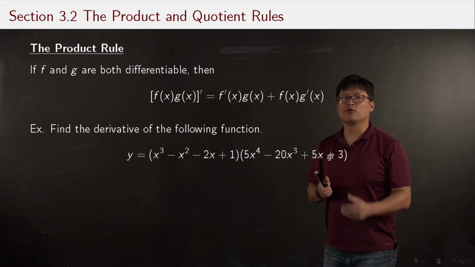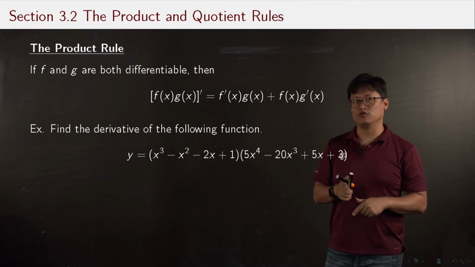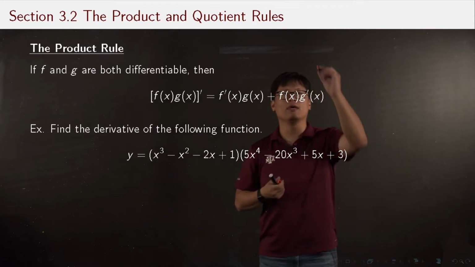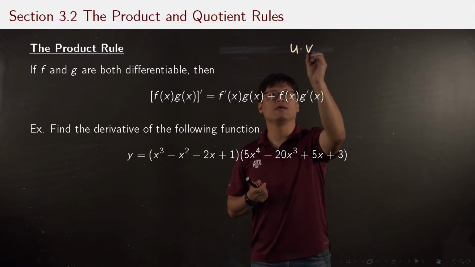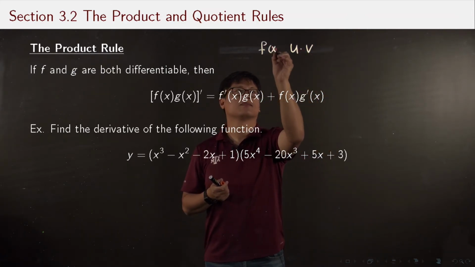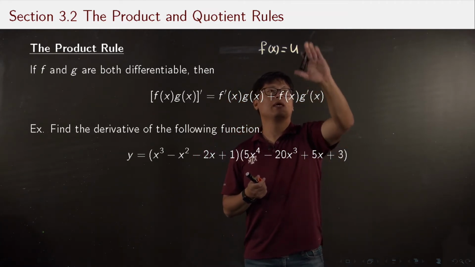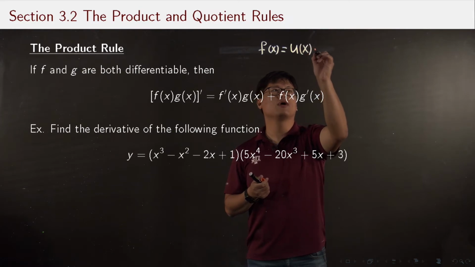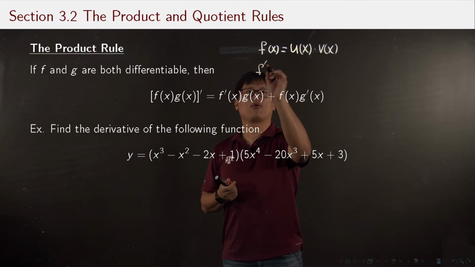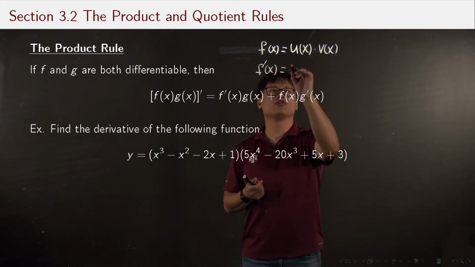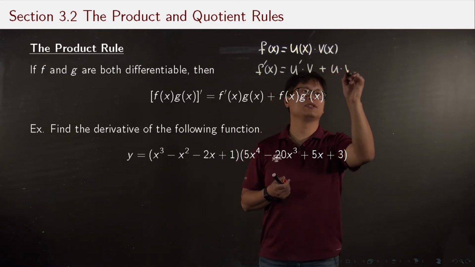During class, I'm going to use u and v instead of f and g. If your function is u times v, the product form, let me write that as a function form. First function u times second function v. Then f prime of x is equal to first one prime times second function plus first one times second prime.